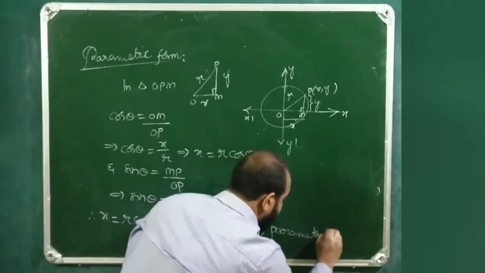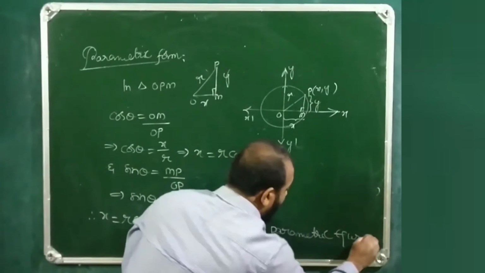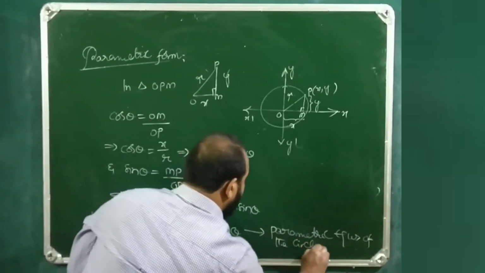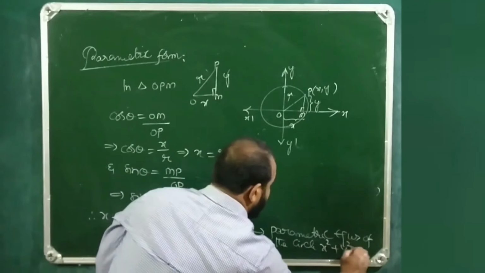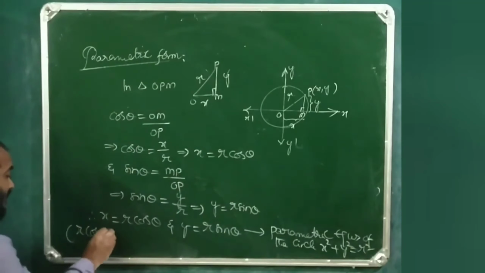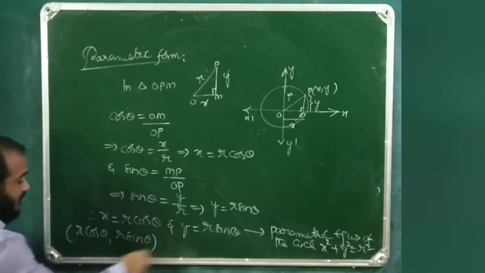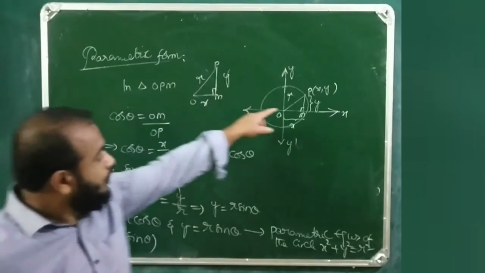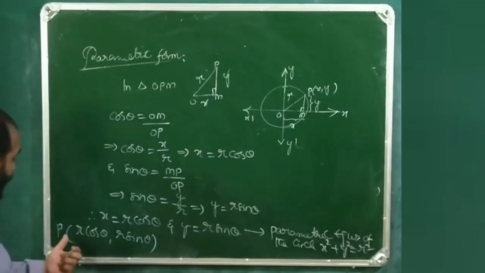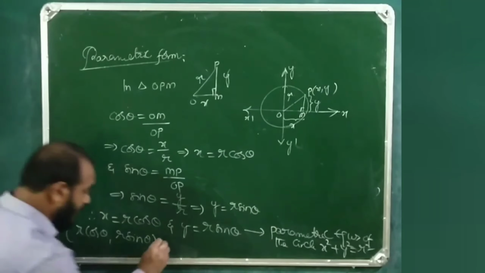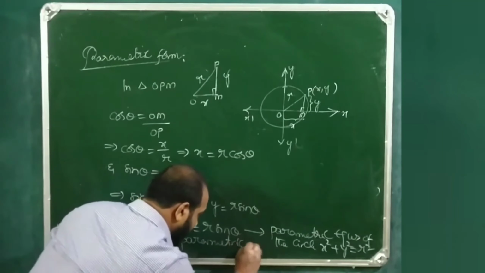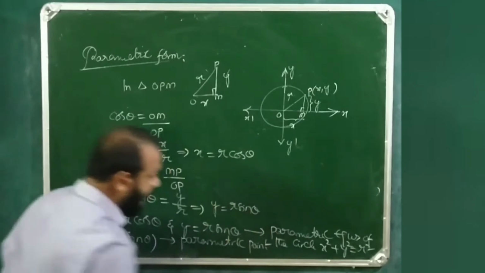Parametric equations of the circle x square plus y square is equal to r square, while (r cos theta, r sin theta), this is the P value here. So P is (x, y), x is r cos theta, y is r sin theta. So P(r cos theta, r sin theta) is said to be the parametric point.